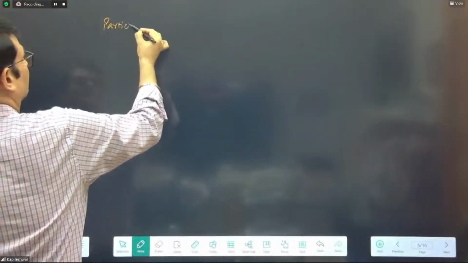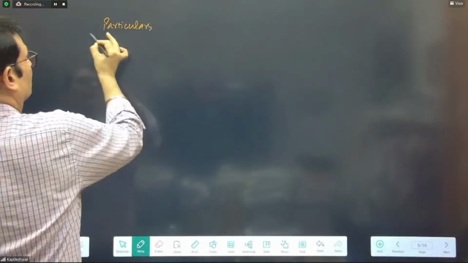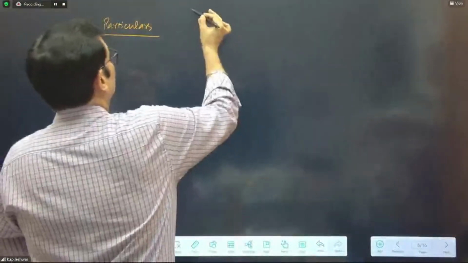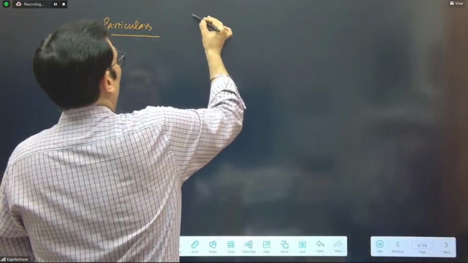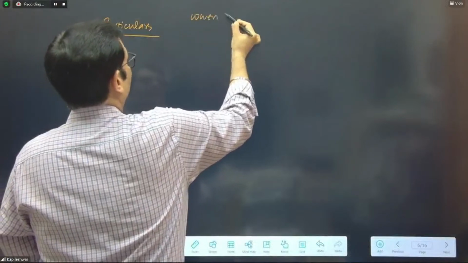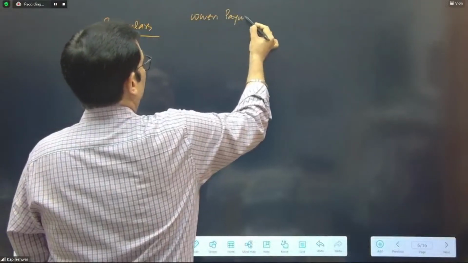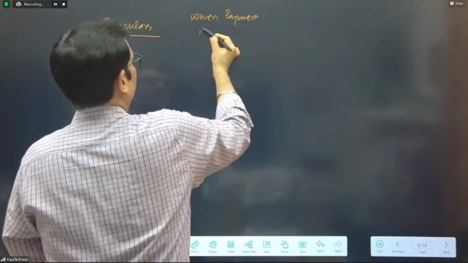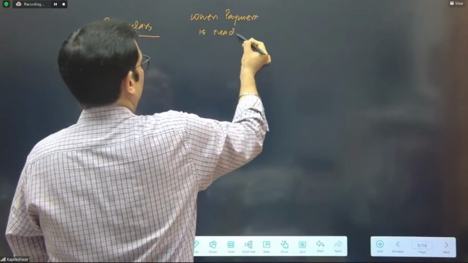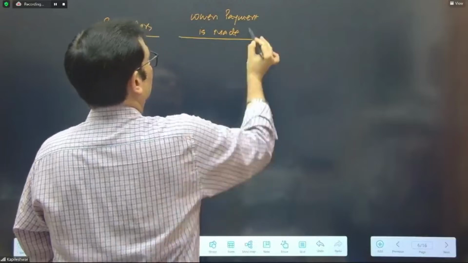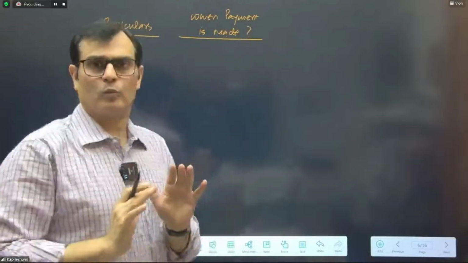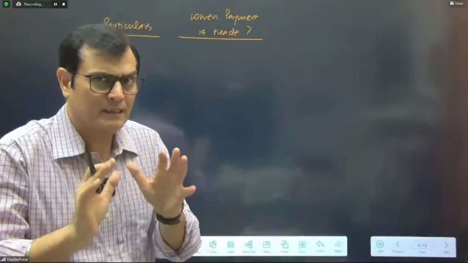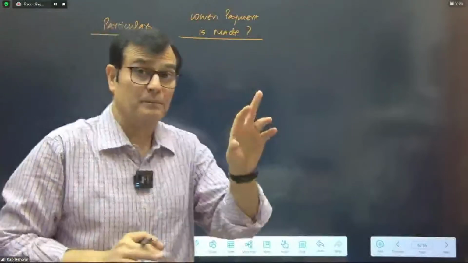So I'm going to take a column for particulars, and I'm going to consider when payment is made. So we'll just say when the payment is made, because every liability payment may not be made.